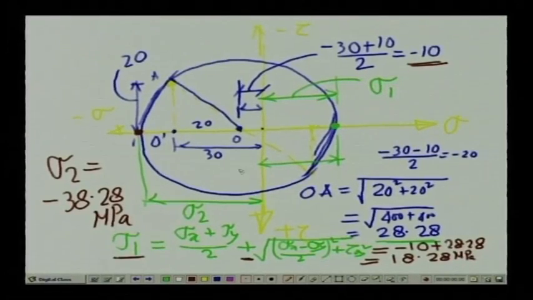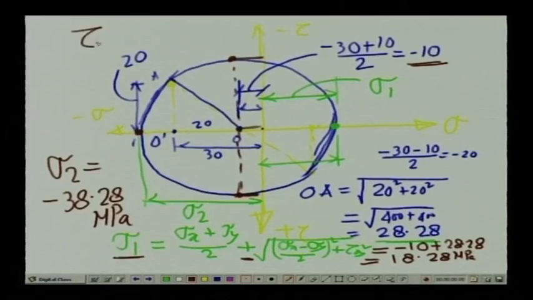From this particular diagram, if we look into that, this is the value of the radius and this is the plane where we get the maximum value of the shear stress, and this is the plane where we get the minimum value of the shear stress. Now, at this particular point, the value of the normal stress is (sigma x plus sigma y) by 2, which is equal to minus 10 MPa in this particular problem. So, the maximum value of shear stress is equal to the radius, which is 28.28 MPa.